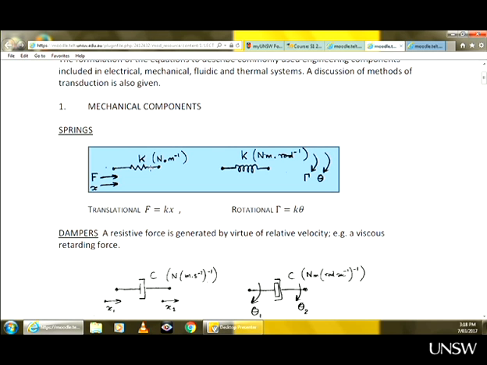And the relationship between the torque and angular displacement is now gamma equals k theta. Where k is also stiffness, but the unit of torsional stiffness is different. It's Newton meter per radian, whereas here stiffness is Newton per meter. So it's a different kind of stiffness, but the relationship looks extremely similar, these two relationships.